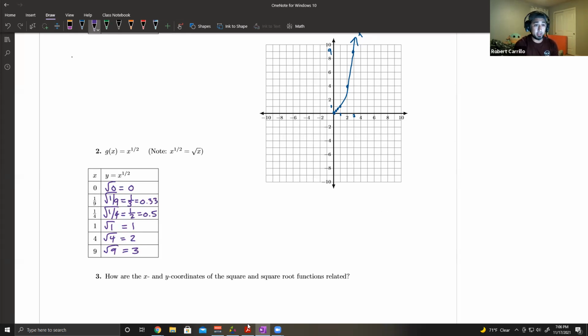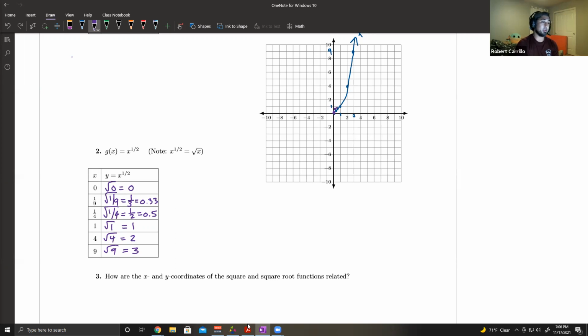So we'll plot this on the chart, and 0, 0 right here. And then 1/9 will give me 0.33. Well, 1/9, remember, is 0.11. So 0.33, it'll put me somewhere right around there. 1/4 puts me at a half.